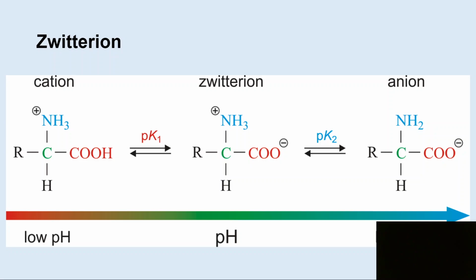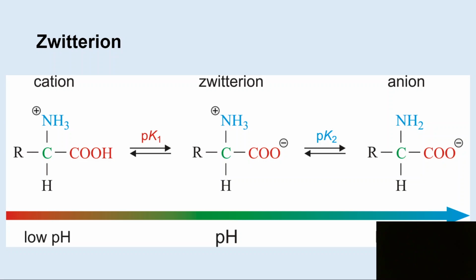At a neutral pH, we've got the Zwitter ion in the middle. At high pH, we lose the proton off the COOH, and we just have our normal NH2. Does that make sense?